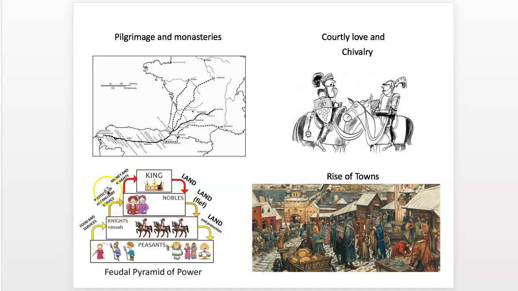And they would be giving money, taxes, knights, warriors up to him to be able to go off and fight and to manage it for him. And then it goes down the line with them giving land to the knights to use, and they're supposed to give land and protection, but they're all getting things back and forth. So, not social mobility or necessarily social justice, but that's the way it's set up.